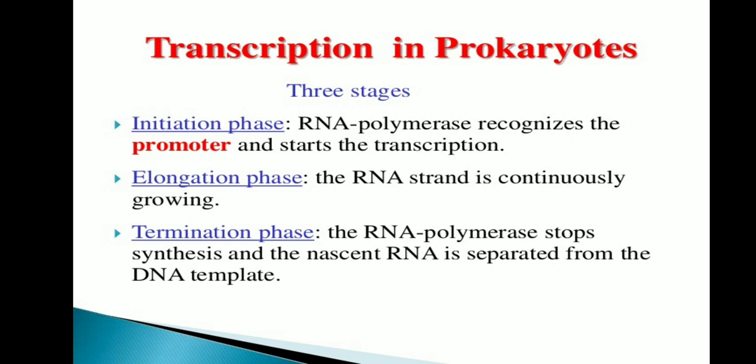Elongation phase involves the RNA strand continuously growing. And the third and last stage is the termination phase, where the RNA polymerase stops the synthesis and the nascent RNA is separated from the DNA template. In this way the termination of the transcription process takes place in the prokaryotic system.